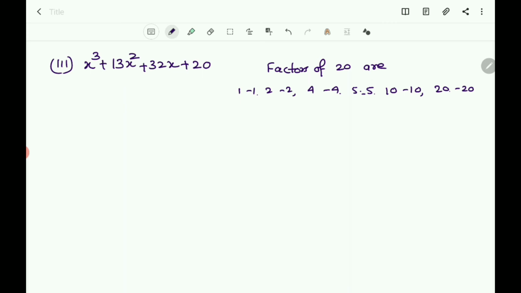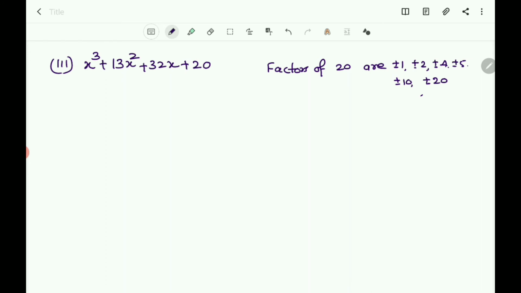These are the factors of 20. So now you write plus or minus 1, plus or minus 2, plus or minus 4, plus or minus 5, plus or minus 10, plus or minus 20.